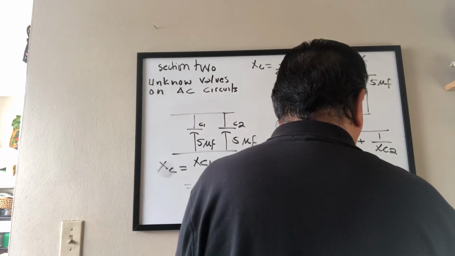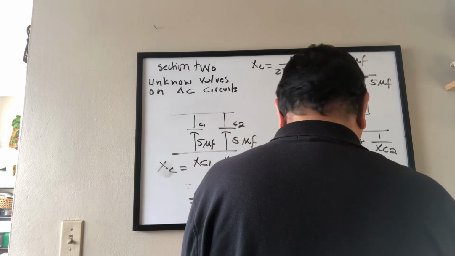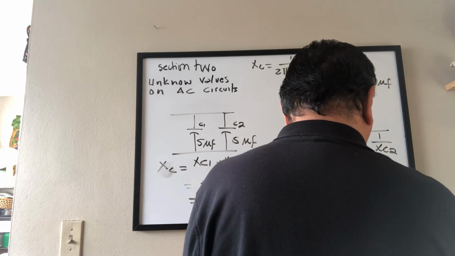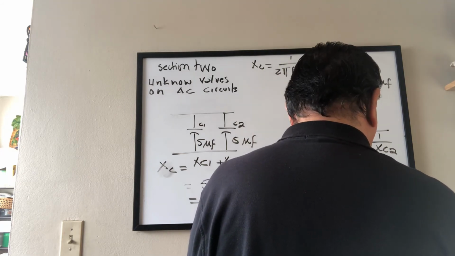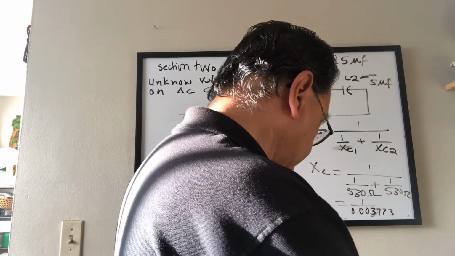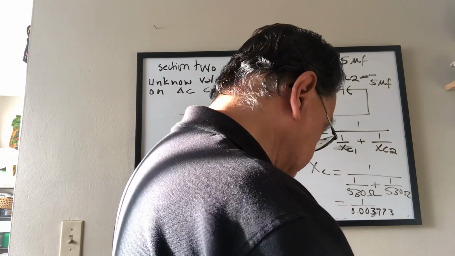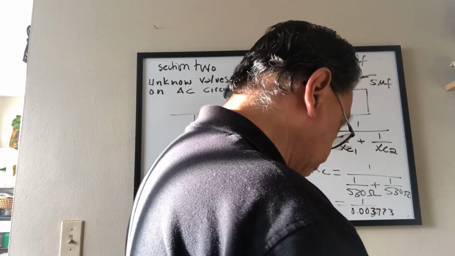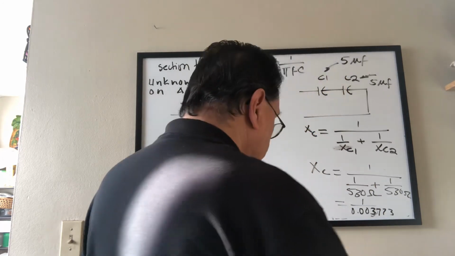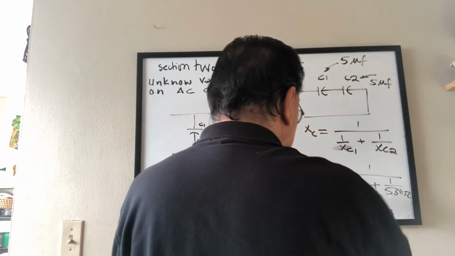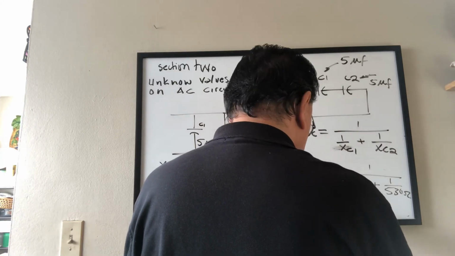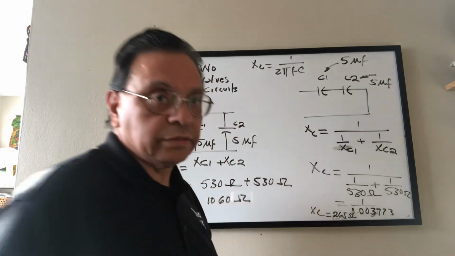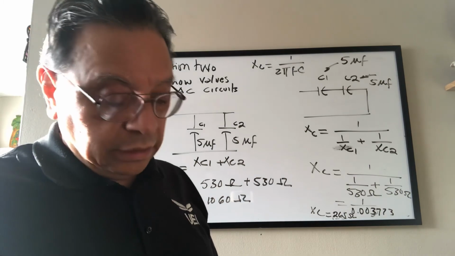This is equal to 1 divided by 0.003773, which is 265 ohms. XC in this case is equal to 265 ohms.